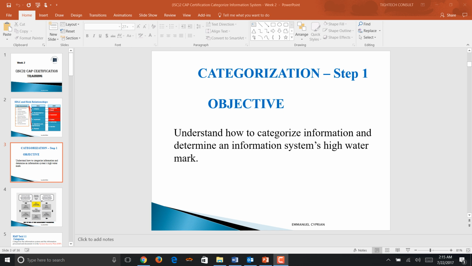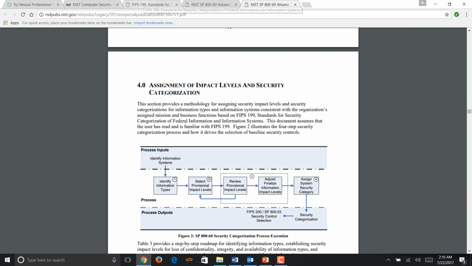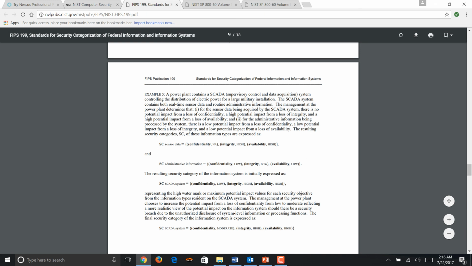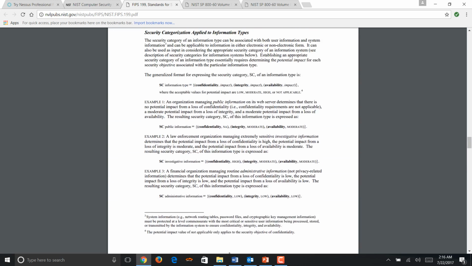Now, when you are categorizing an information system, there are a lot of things that come into play. We have FIPS 199, which is the standard, the Federal Information Processing Standard. FIPS 199 helps us understand what we want to categorize and why we need to categorize. Here is the NIST publication of FIPS 199.